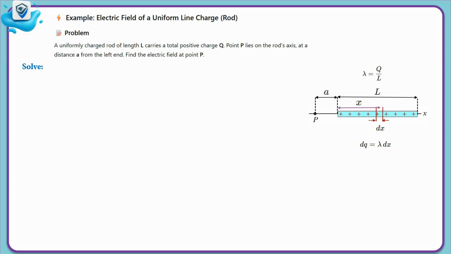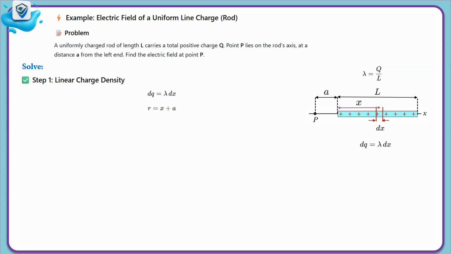Now, let's solve the problem step by step. Step 1. Write the expression for the electric field produced by the small charge element dq. From the figure, r, the distance between dq and point P, is x plus a.